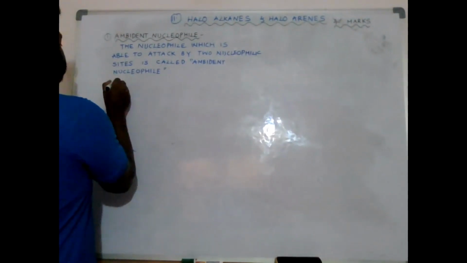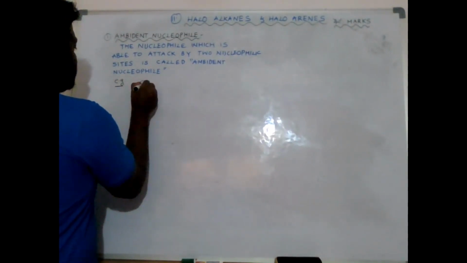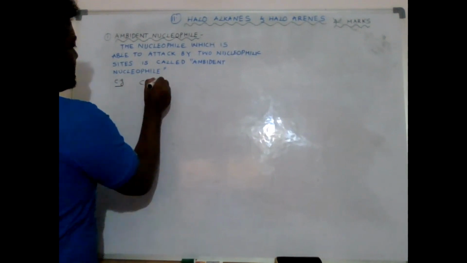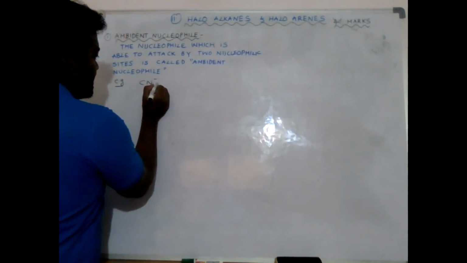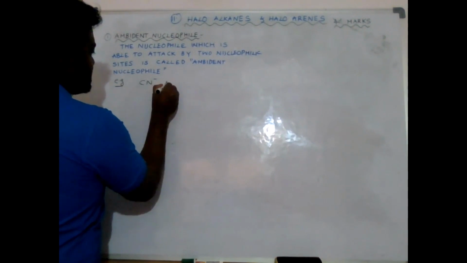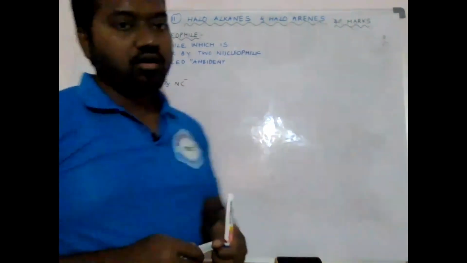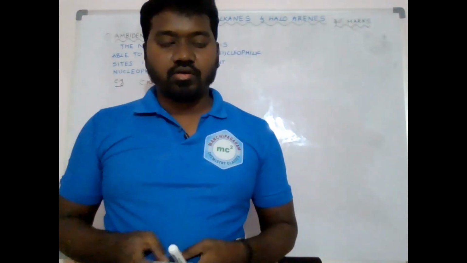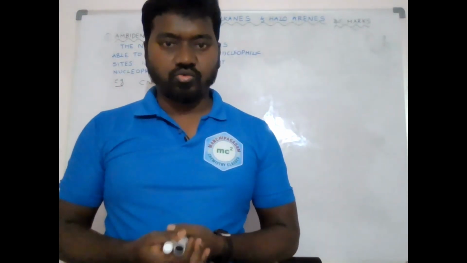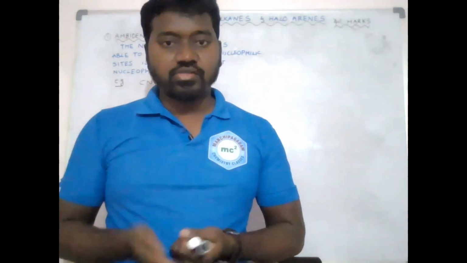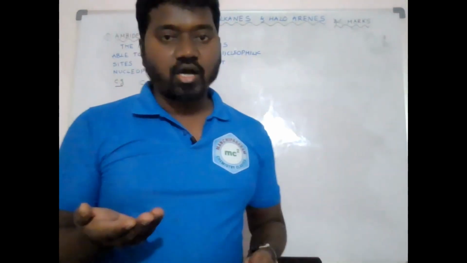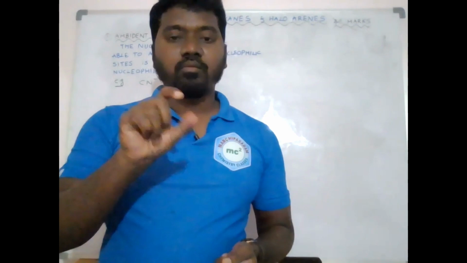Example is CN minus. N contains more electrons. You may write NC minus, cyanide or isocyanide. You may write just CN minus also. No need to write NC minus also. CN minus is one example for ambident nucleophile. If you take any alkyl group, it may give R-CN, alkyl cyanide.